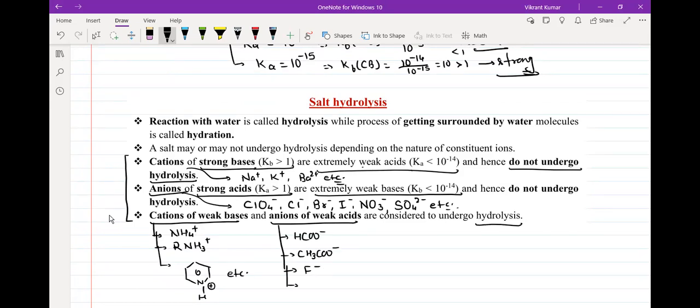We can have ClO minus, we can have CN minus, etc. All of these are anions of weak acids, and that's why we have to consider their hydrolysis. Is it okay up to this point? Any doubt?